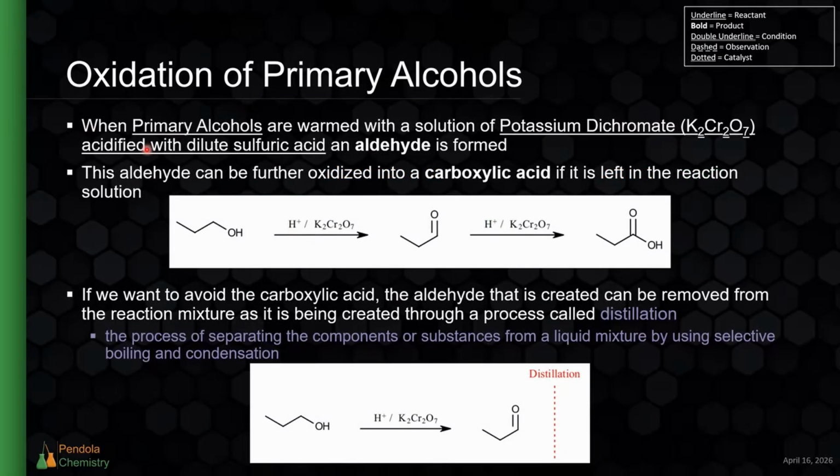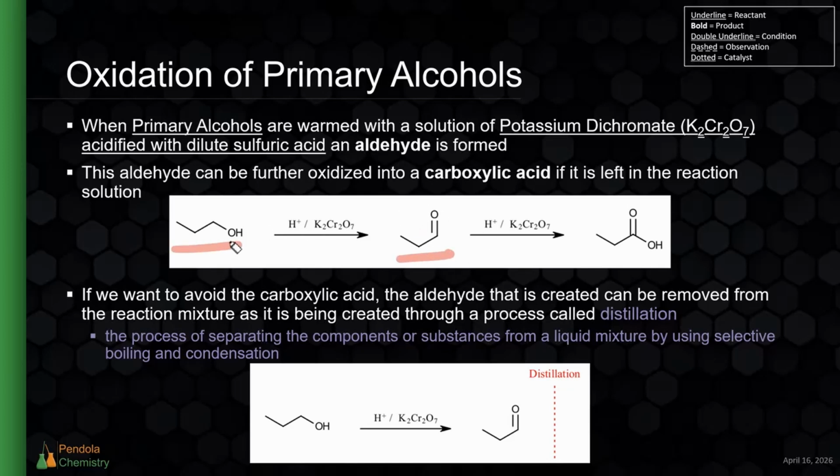When a primary alcohol is warmed with that potassium dichromate that has been acidified, or the potassium permanganate that has been acidified, what we're going to get is an oxidation of that primary alcohol into our aldehyde.